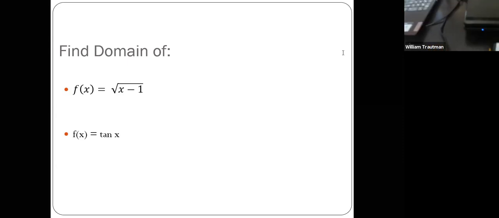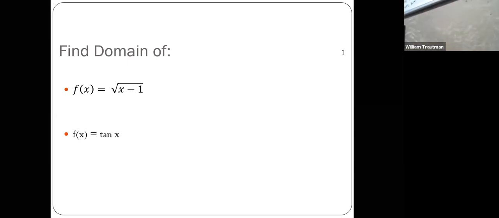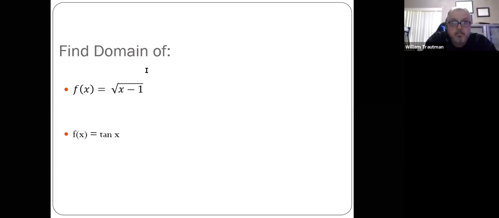So the domain of this function, I'm going to get out of this camera now. The domain of tangent of x is x can equal all real numbers except pi over 2.